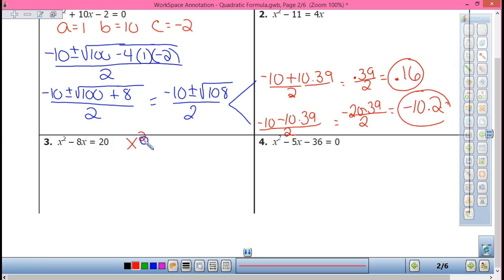So I have x squared minus 8x minus 20 equals 0. So A equals 1, B equals, and C equals -1.